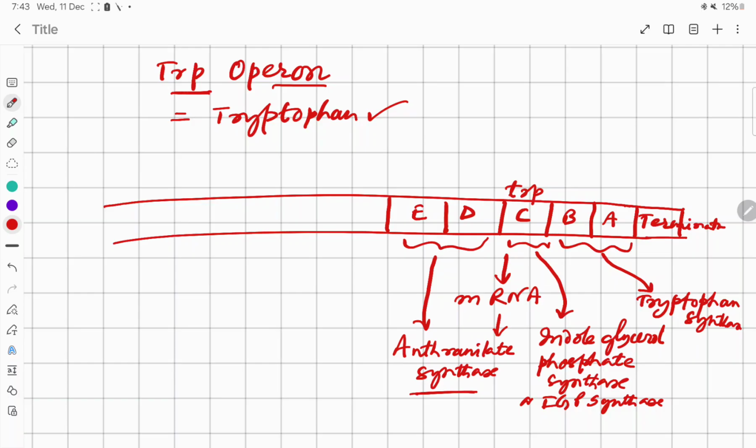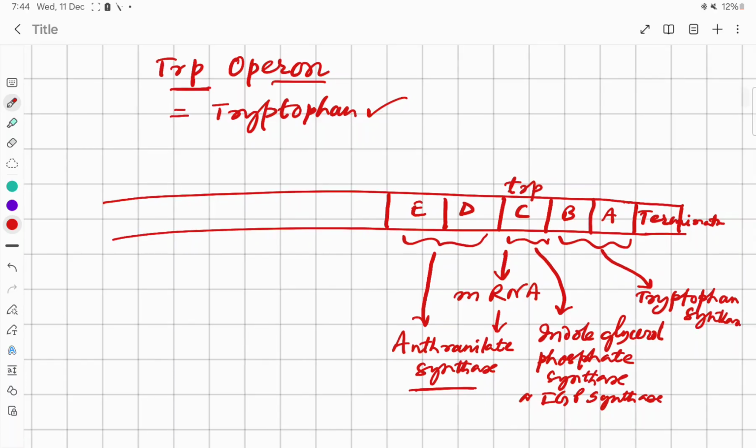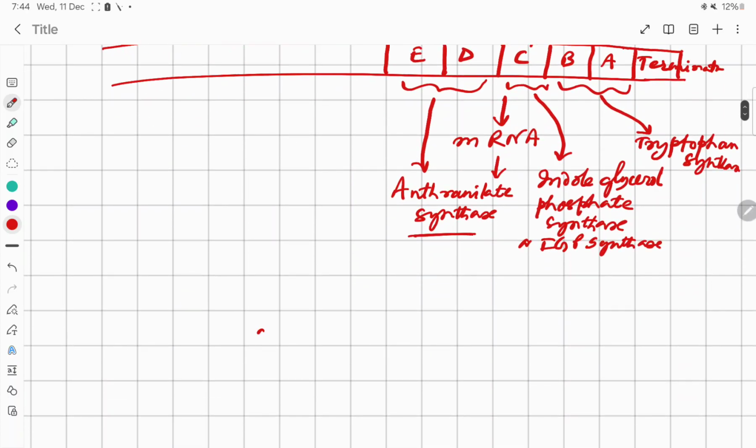So the tryptophan is synthesized from chorismate. So chorismate to anthranilate to phosphoribosyl anthranilate to indole glycerol phosphate to tryptophan.